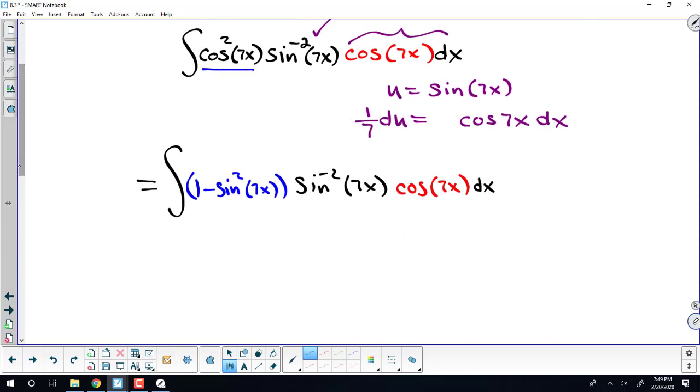So now we can substitute 1 minus u squared for this one times u to the -2 times cosine 7x dx was our 1/7 du. So we'll put that 1/7 down.